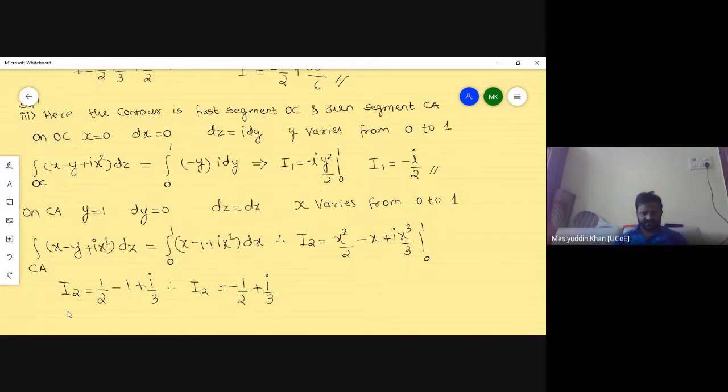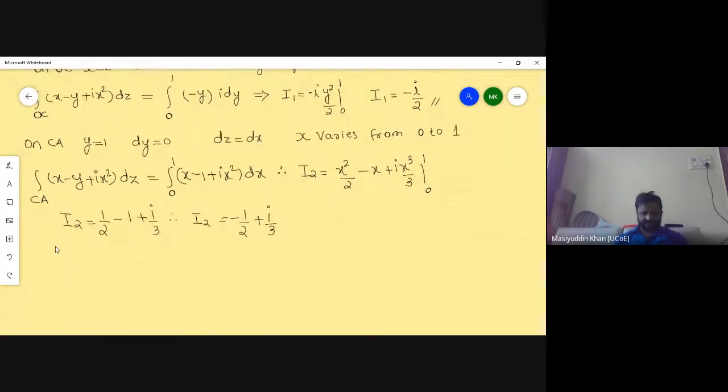Now we have to add the two segments, or add the two results. So I is equal to I1, that is the segment OC, plus I2, the segment CA.